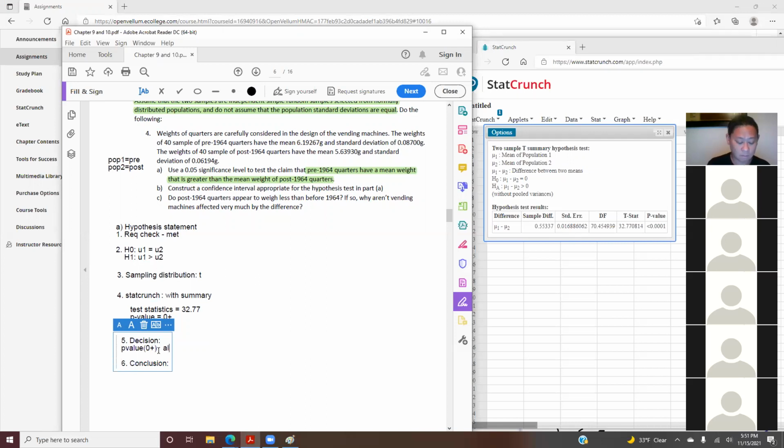We reject, right? So your p-value is what, less than or greater than alpha? Less. So what happens if p-value is less than alpha? We reject the null hypothesis, right?